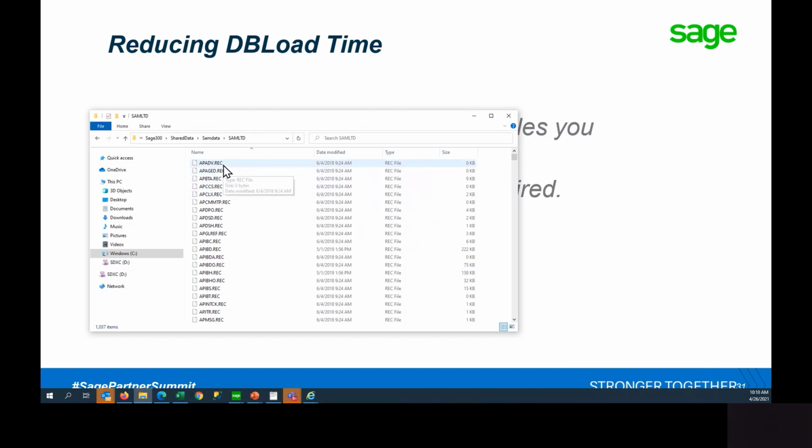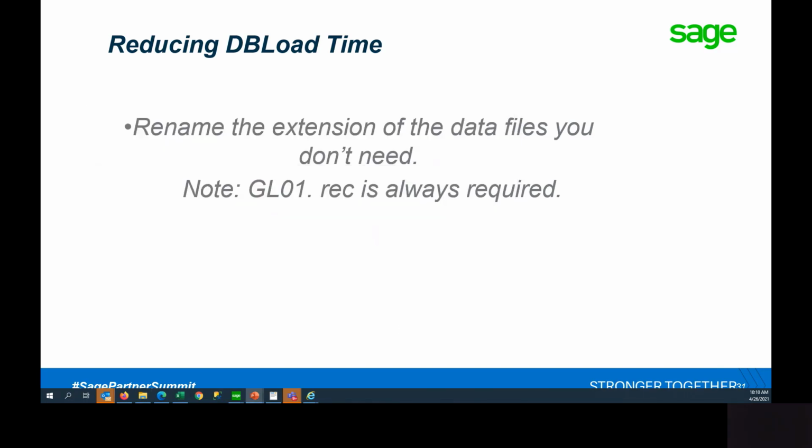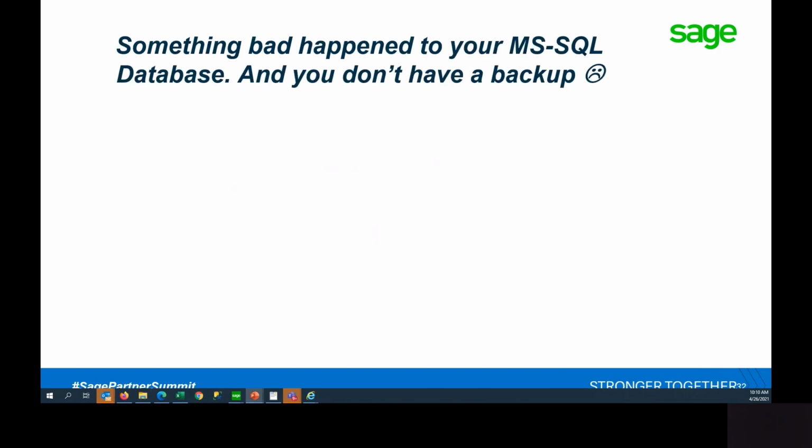What I would do here is rename all these AP files and change the extension from REC to something else. That way, it just bypasses the loading of that particular module. If you don't need it, it speeds things up. Okay, some more stuff on here.